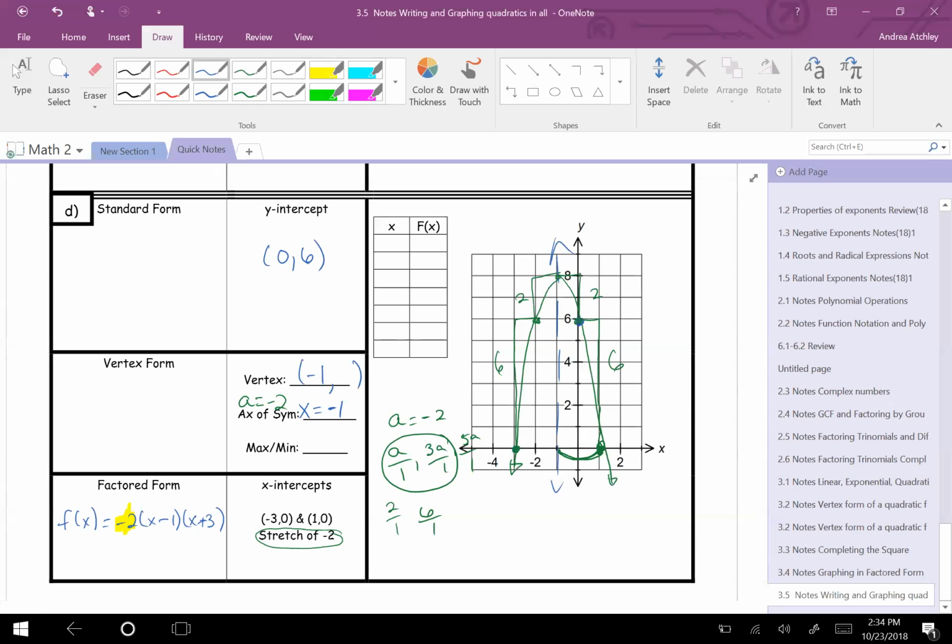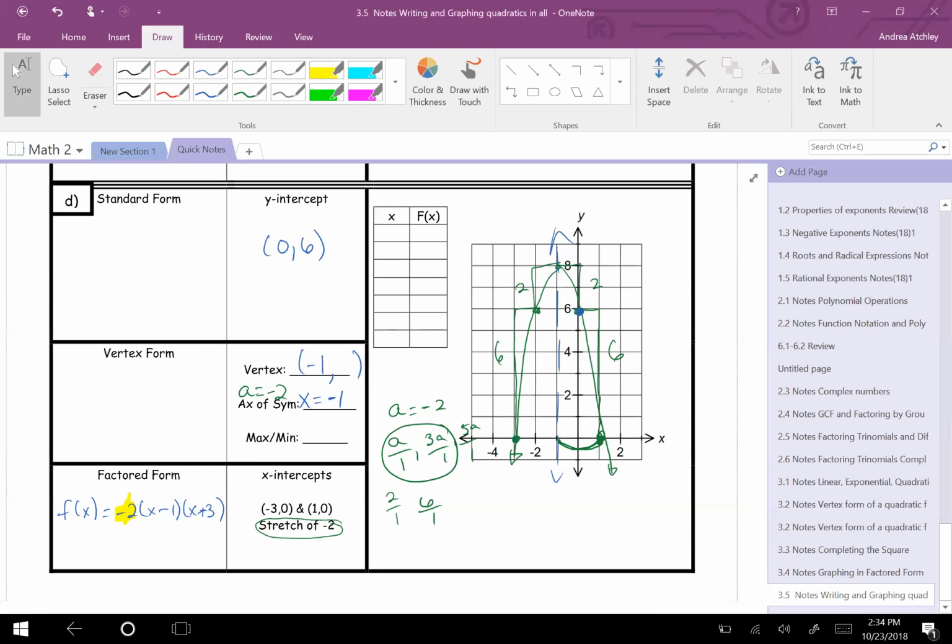Zach, what do you want to do? Standard form or vertex form? Which would you prefer to do first? Vertex form? Okay. I got -2, obviously, times (x plus 1) squared, and plus 8. Okay.